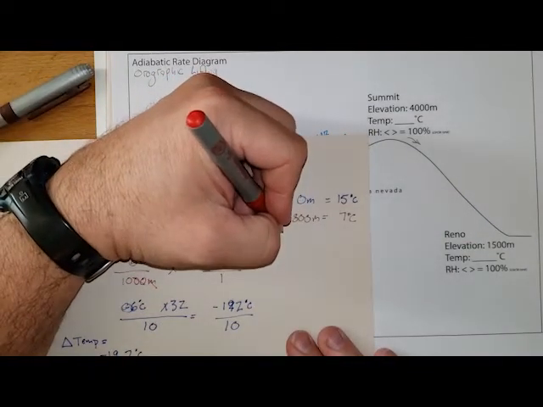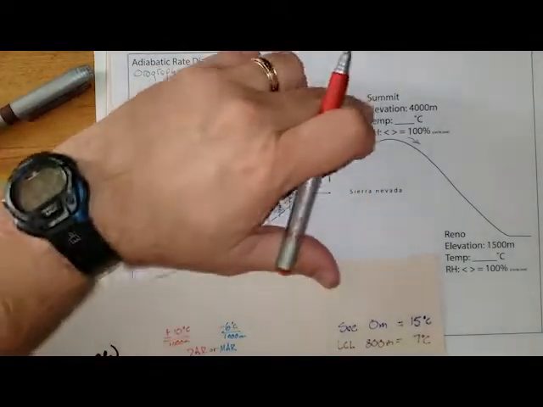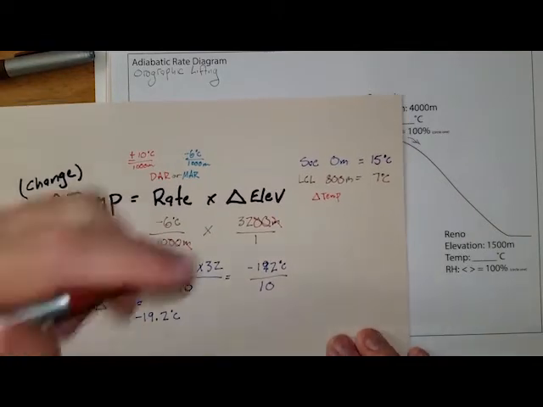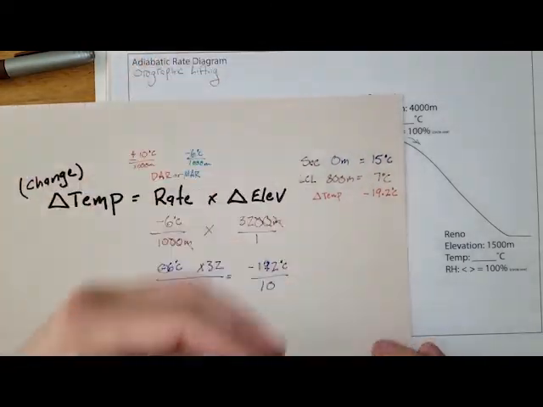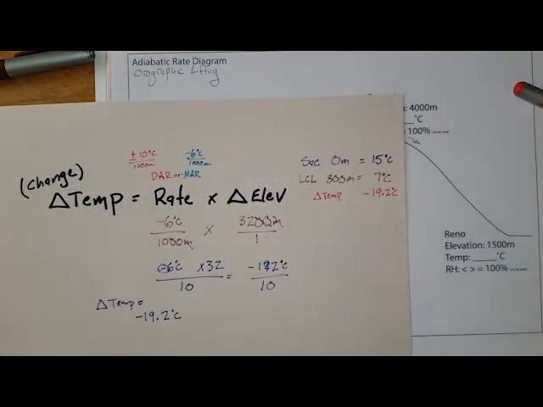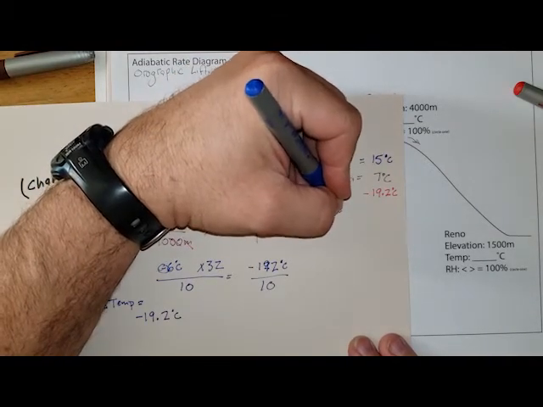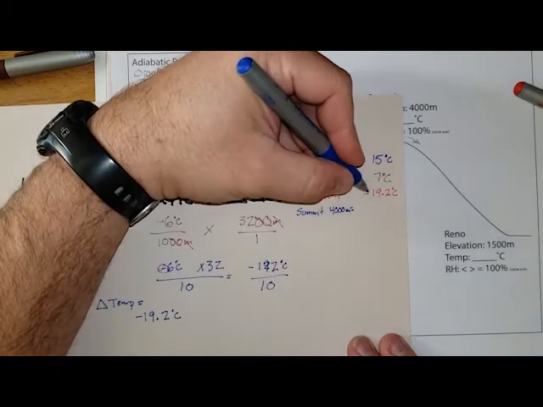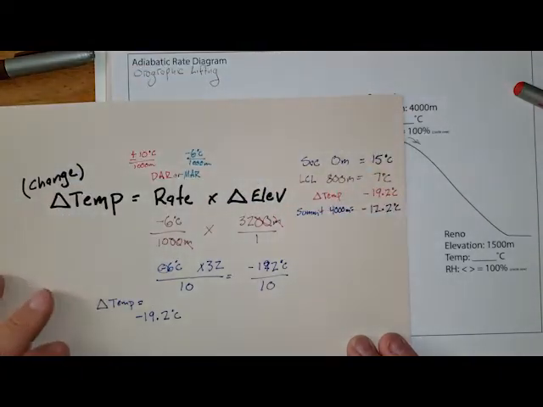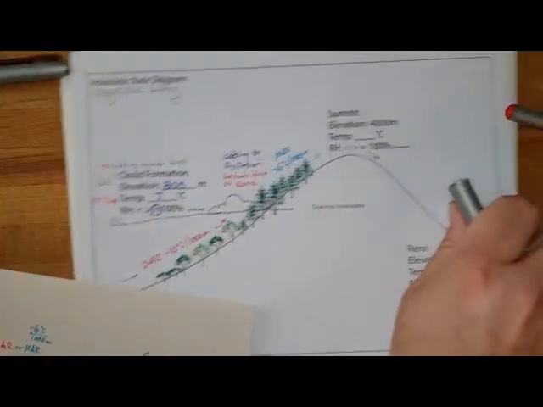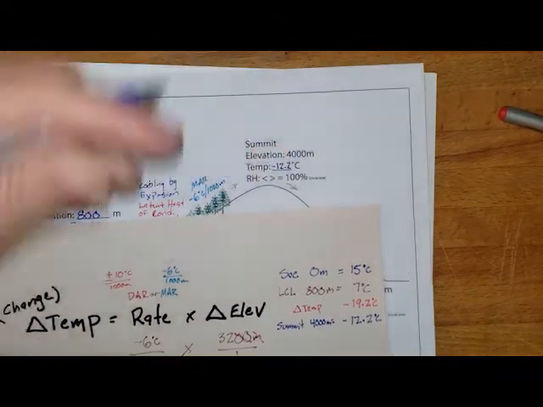So we're going to do a little change in temp from my lifting condensation level up to my summit. That change in temperature is negative 19.2 degrees Celsius. And so my new temperature up at the summit at 4,000 meters is 7 minus 19.2, which gives me negative 12.2 degrees Celsius. Okay, so what do we got? Temperature is negative 12.2 degrees Celsius.